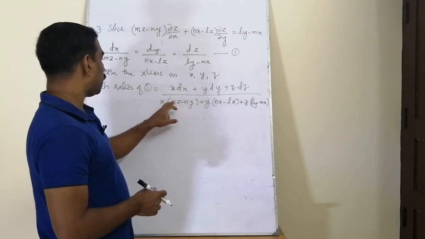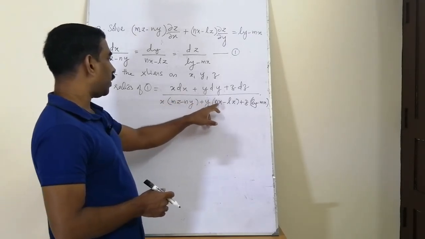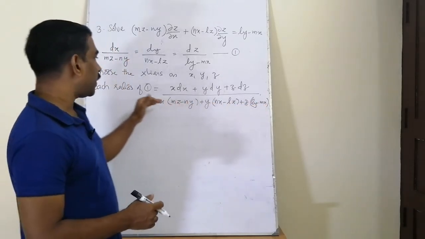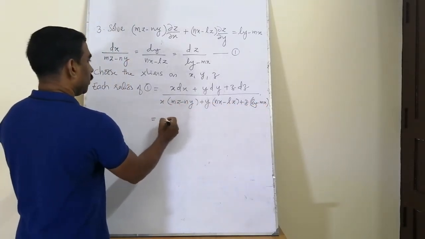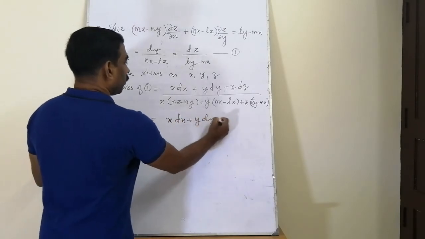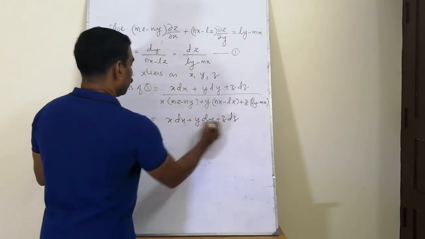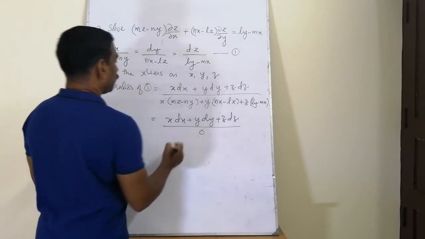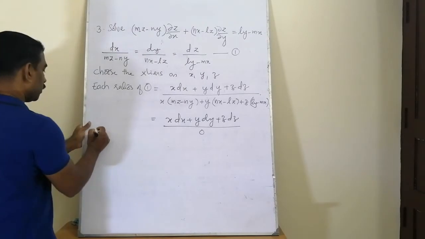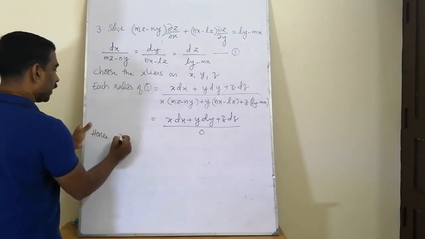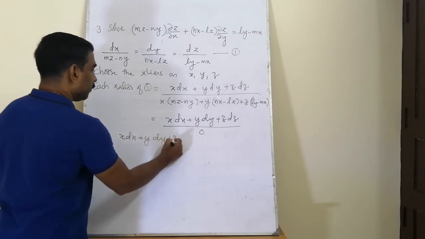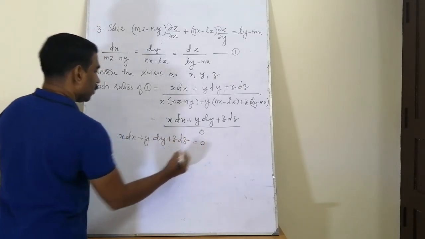On expansion we can see that this goes to 0. That is, x dx plus y dy plus z dz by 0, because for every term there is a corresponding negative term. Hence the numerator x dx plus y dy plus z dz is also 0.